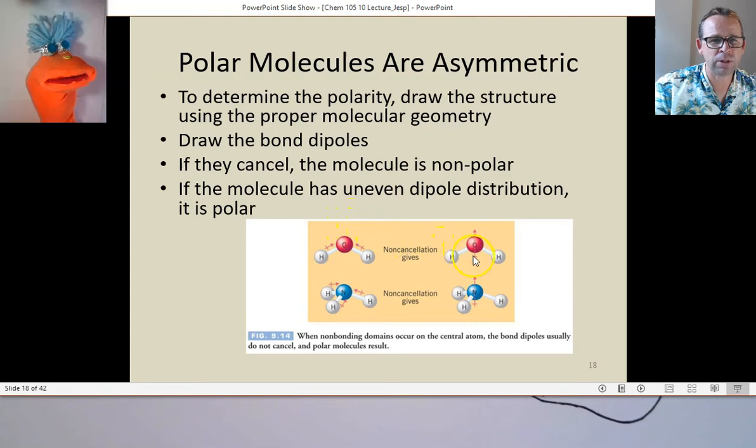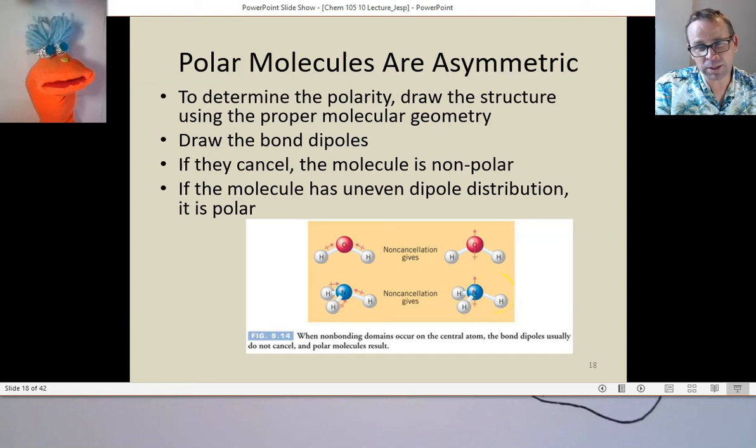The result is the whole molecule becomes polar, with more electron density on the top where the oxygen is and less electron density down below where the hydrogens are. Same thing with the compound ammonia. Its shape here is trigonal pyramidal, and the nitrogen on top pulls the electron density from the hydrogens, so the result is a polar molecule.